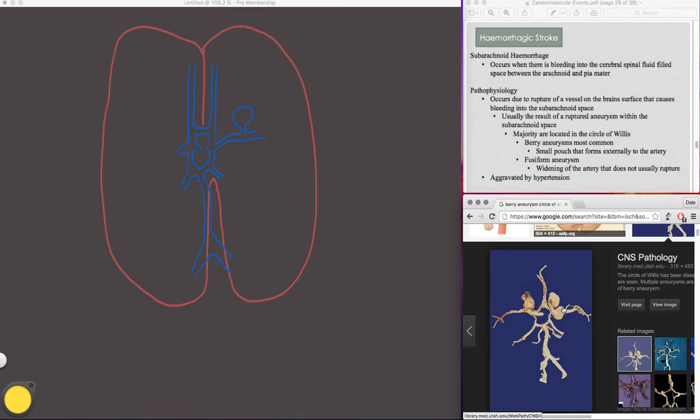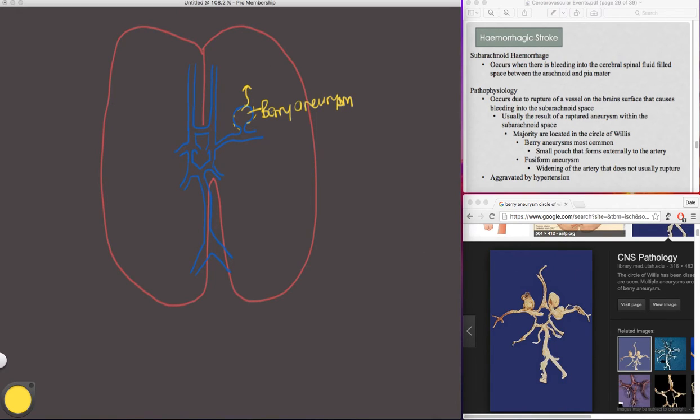And what happens is, as this Berry aneurysm or this saccular aneurysm gets larger, like the other types of aneurysm we talked about, or like the aneurysms we talked about in the aorta, we get a weakening of the vessel wall, or we have basically a stretching until our vessel becomes very weak. And what that's going to make it prone to is a rupture and having blood exit.